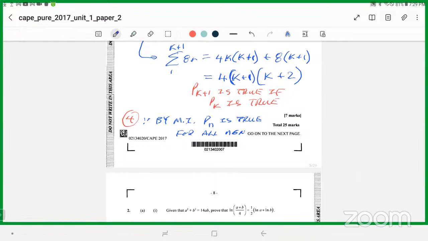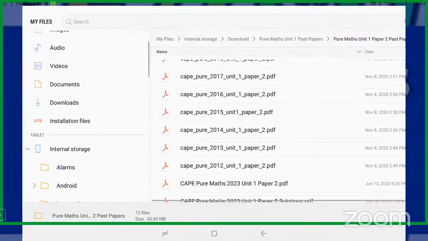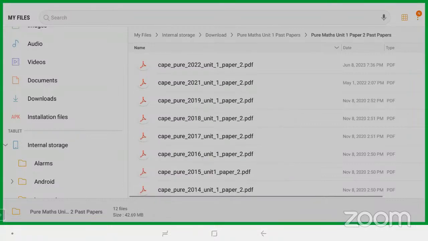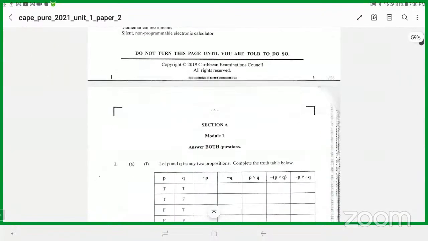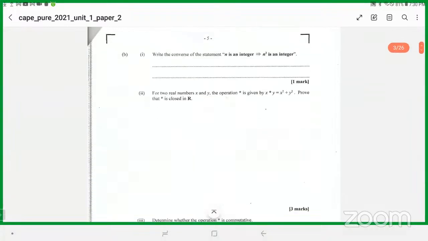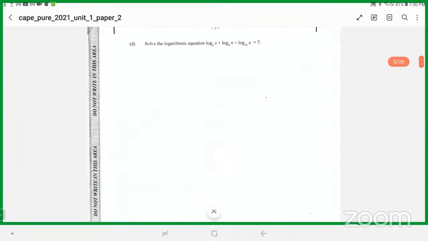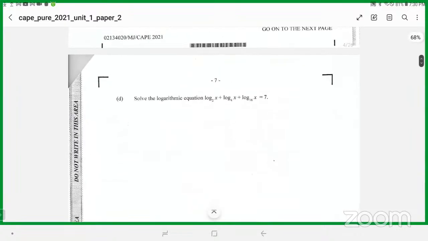I believe 2021, 1D, that divided. All right, 2021. This is 1D. Yeah, that's it. No, that's not it.